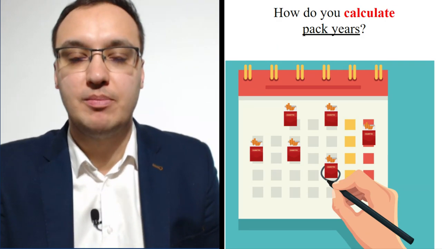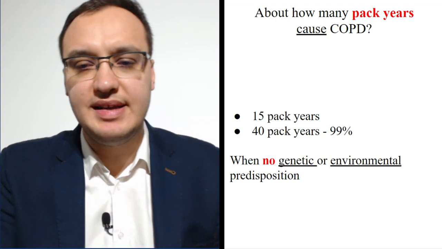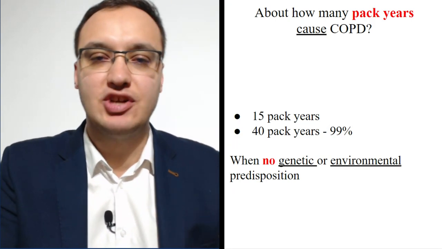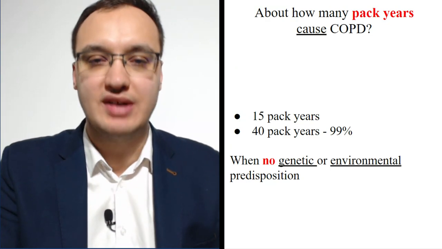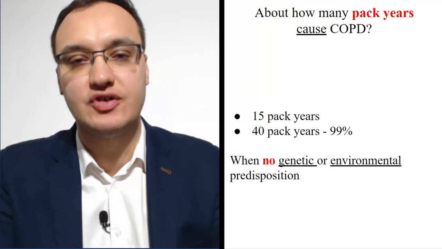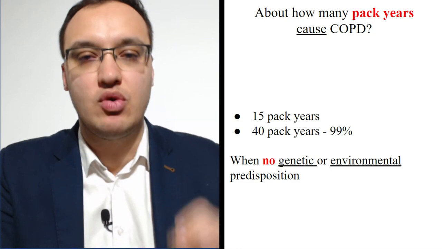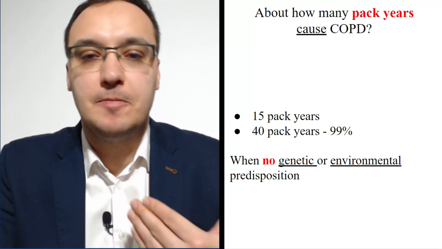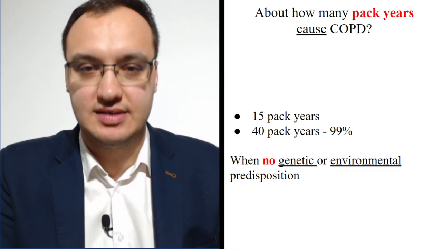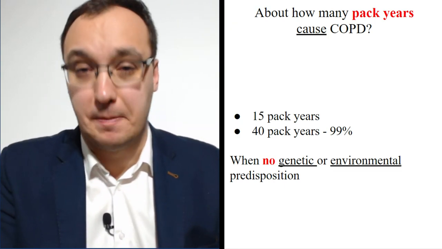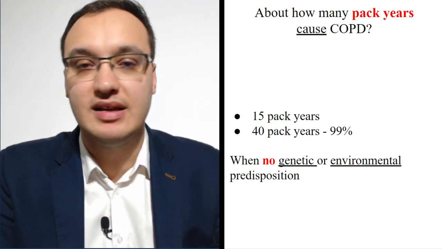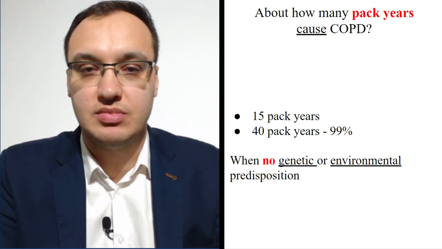So it's very important because in dealing with statistics again, 15 pack years, that means a patient smokes 1 pack per day, so 20 cigarettes per day for 15 years, then he is very, very likely to get COPD. It's almost evident that he will get COPD. When we're talking about 40 pack years, that means 40 years with this amount, then it's like there's no rescue. 99%.